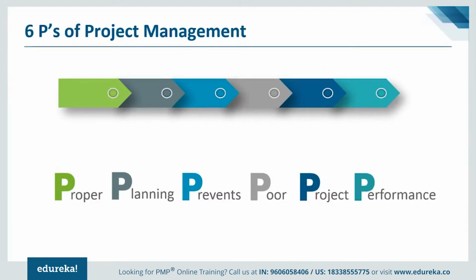So make sure that you have a proper plan in place and all the stakeholders are aware about that plan. It's very well communicated, it's thoroughly reviewed, and it's approved by the sponsor and the key stakeholders. And I'm sure that will certainly help you in preventing poor performance. Because once you have a plan, then you'll be able to do the monitoring and controlling activities effectively.